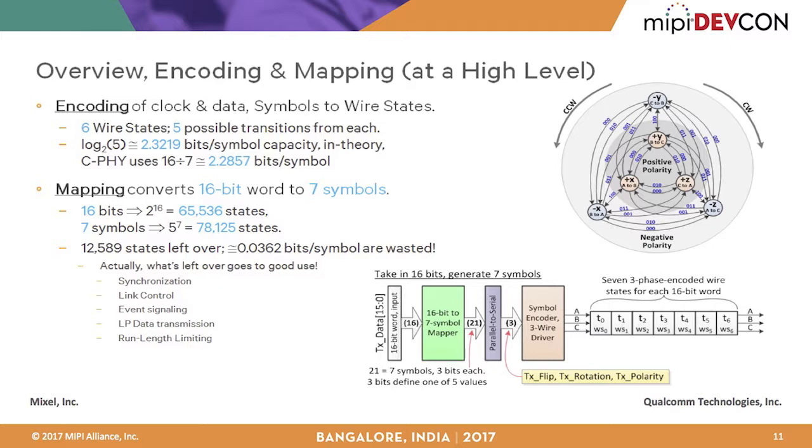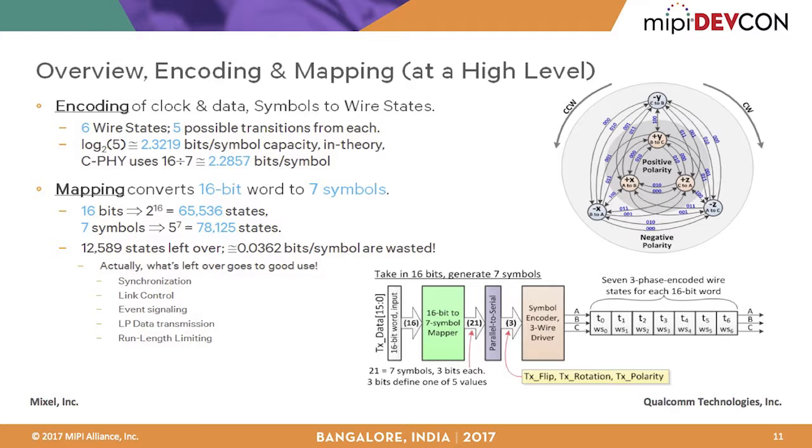And you can think of that for a binary, you have 2 options, 0 or 1. For this system, now we have 5 different options. So that translates into a theoretical maximum of log base 2 of 5, which is 2.3219 bits per symbol. You can think for a PAM4, you have 2 bits per symbol.